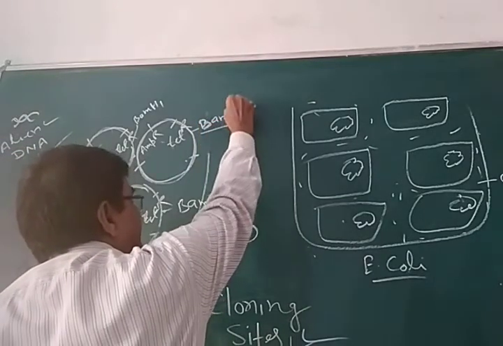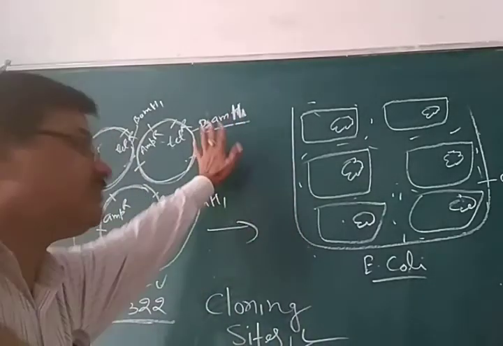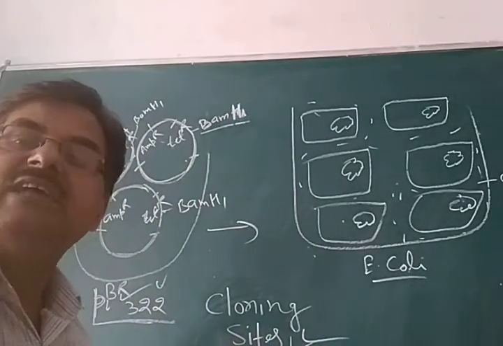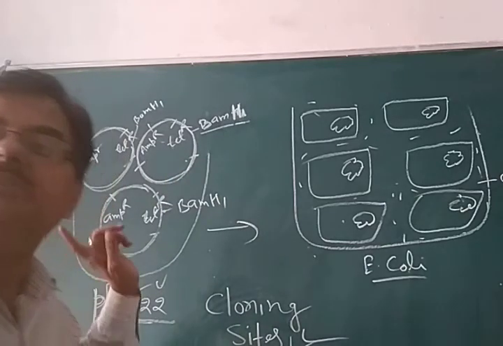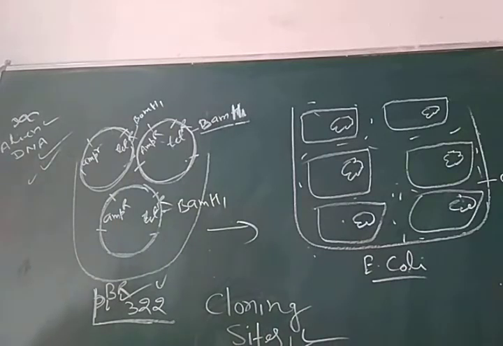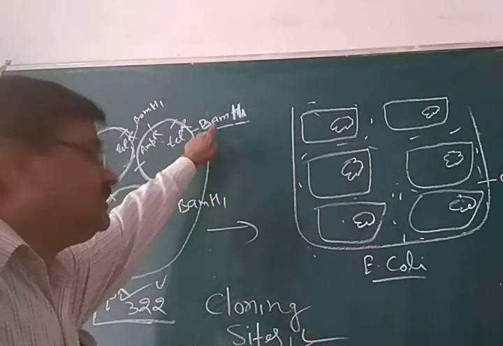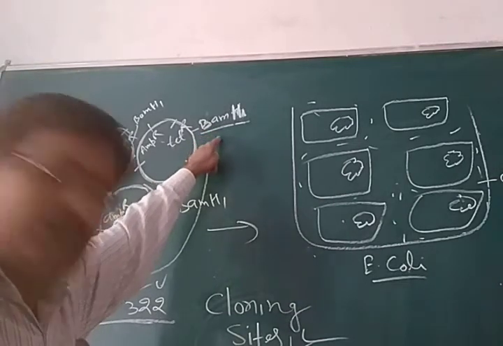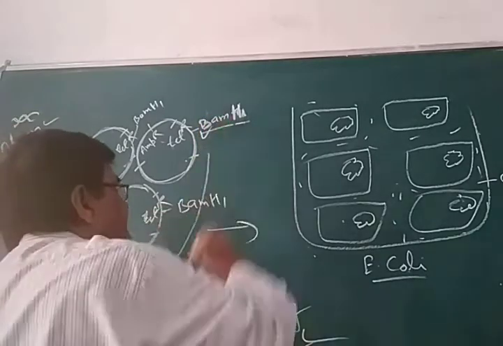BamHI is the name of the restriction enzyme. Suppose we are going to use this BamHI restriction enzyme to cut these cloning vectors for the ligation of the foreign DNA. Okay. So for BamHI, BAM means what? We have already studied the nomenclature of the restriction enzyme. B means this is Bacillus.